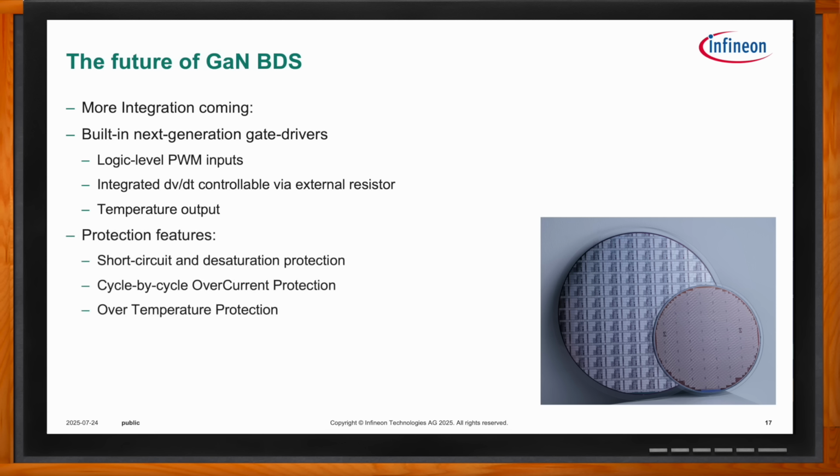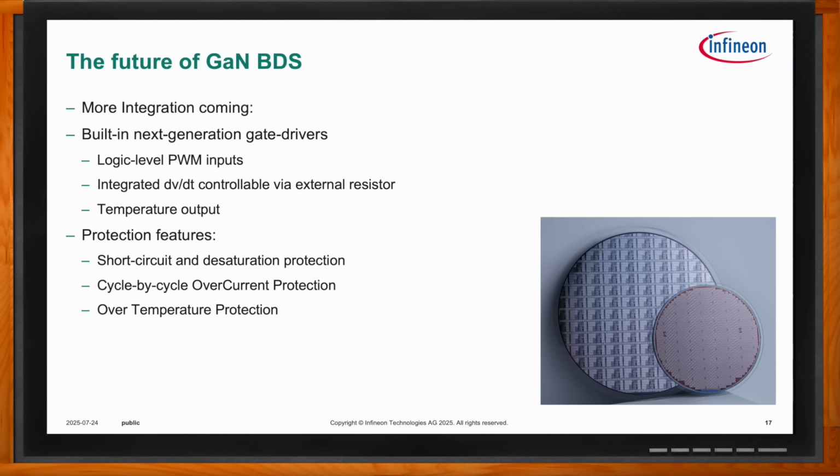And then built-in protection features like short circuit or actually desaturation detection, just two different variants of the same thing, to protect the device from overcurrent, as well as built-in cycle-by-cycle overcurrent protection. That way you don't have to rely on alerting the processor and then having to do something and shut down, incurring all those delays.